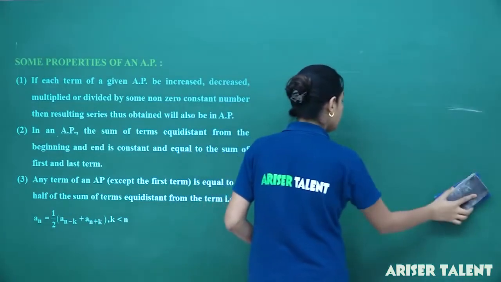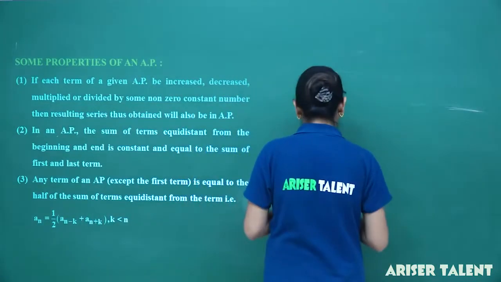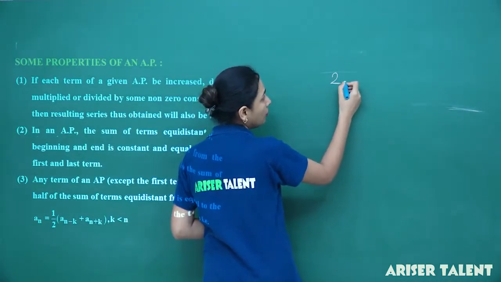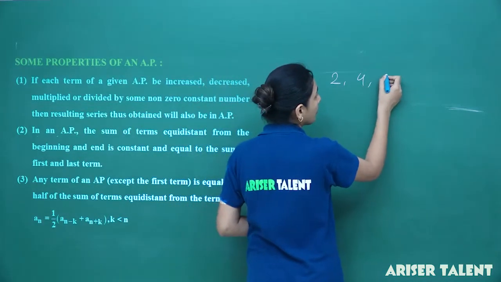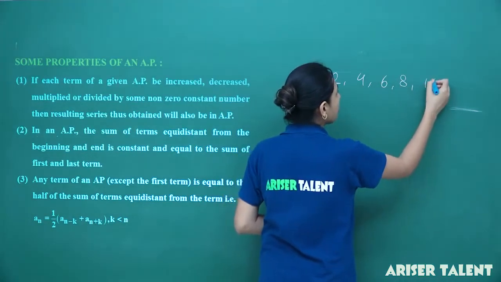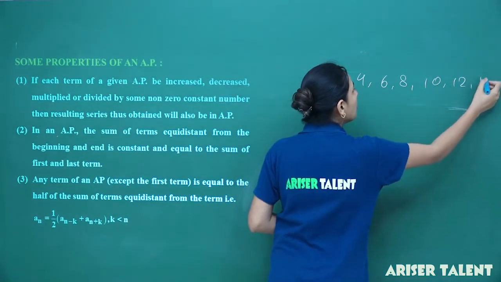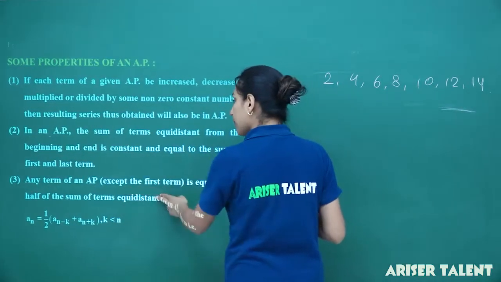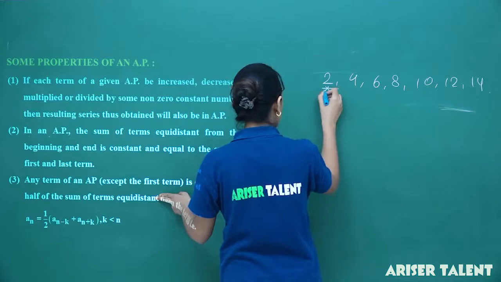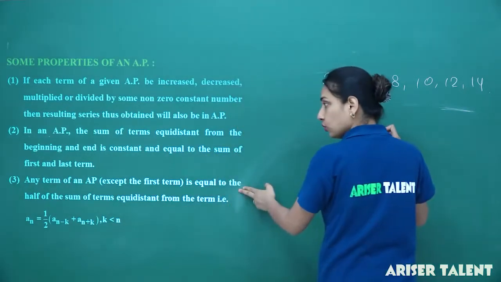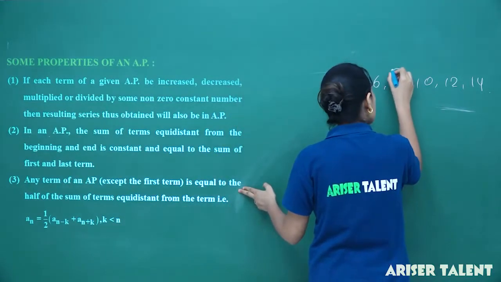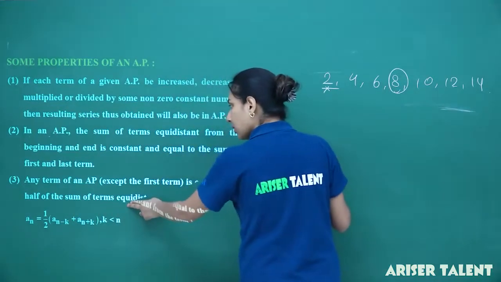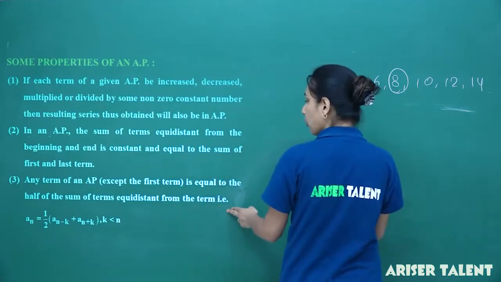Again I am having, take it, 2, 4, 6, 8, 10, 12, 14. Now any term of an AP except the first term, I am taking this term 8, is equal to half of the sum of terms equidistant from the term.